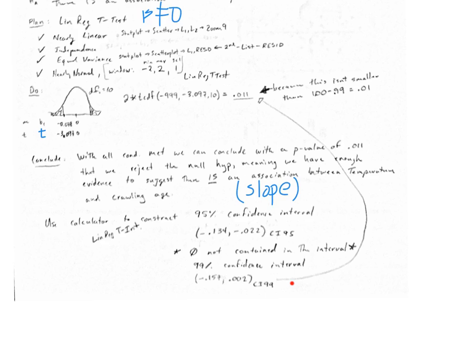We'd actually fail to reject, because if we had lowered our alpha level to 0.01, because this is bigger than 0.01, and with this confidence interval you have a negative value and a positive value, so 0 would be contained in this interval. So then it would make sense that you would fail to reject the null hypothesis. So I just wanted to point that out. Fun fact, maybe it'll show up on a future test. Maybe it'll be on the AP test. So just wanted to point that out for fun.